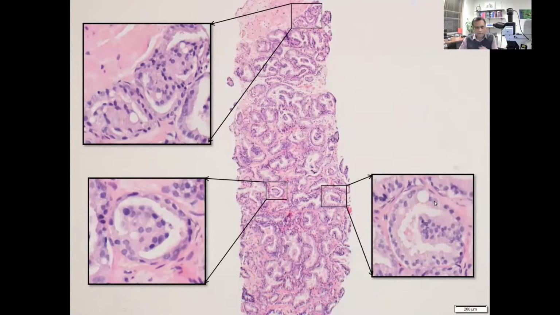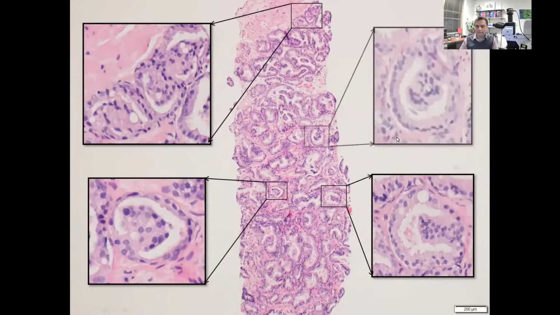When that is present and you get some sections, some of those can be tangentially cut, and you can have invaginations that go in which look like glomeruloid formations, but it is different. I will show you how. So here's another invagination which goes in and it's not glomeruloid Gleason pattern 4, because if you look at the orientation of these nuclei, all these nuclei are oriented towards the core of this invagination.